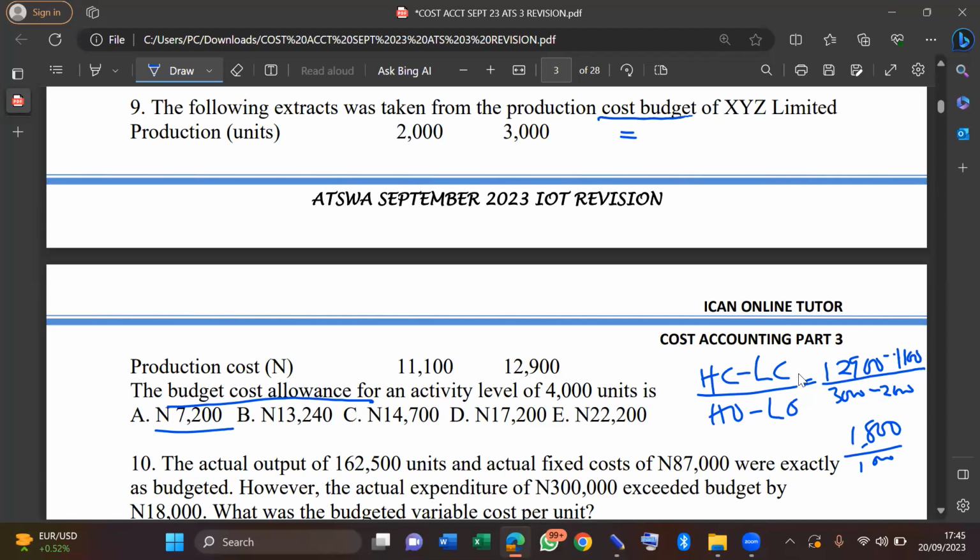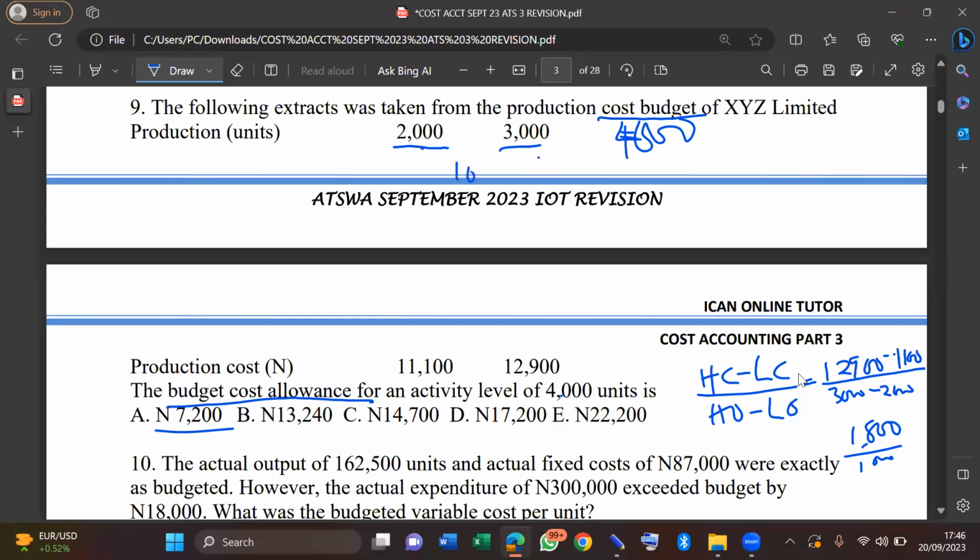You are doing a cost budget. A production has increased from 2,000 to 3,000. Budget, what are they asking for? 4,000, which is incremental. It increased from 2,000 to 3,000.